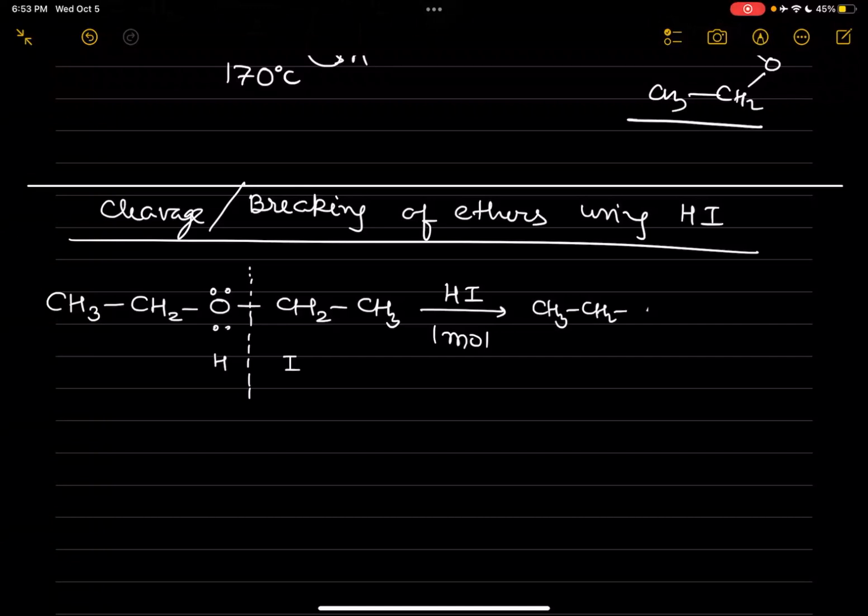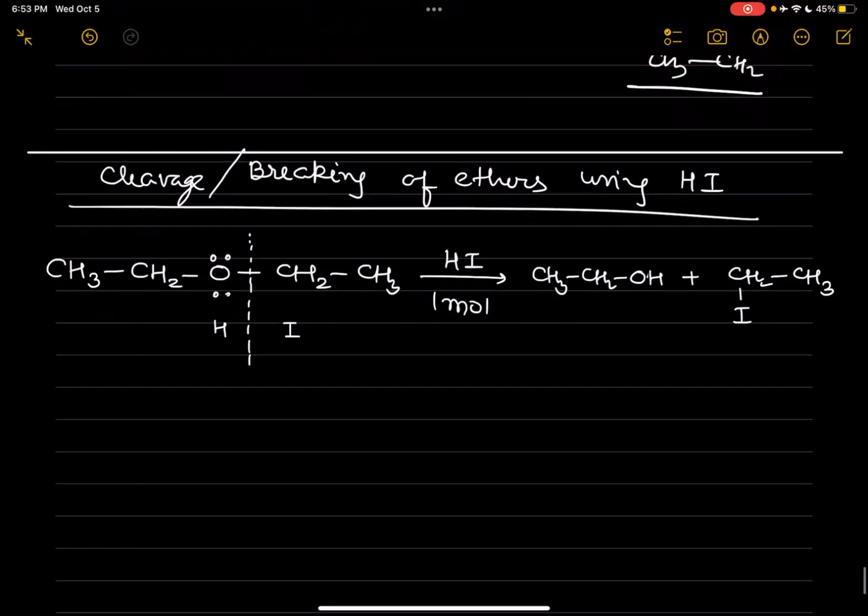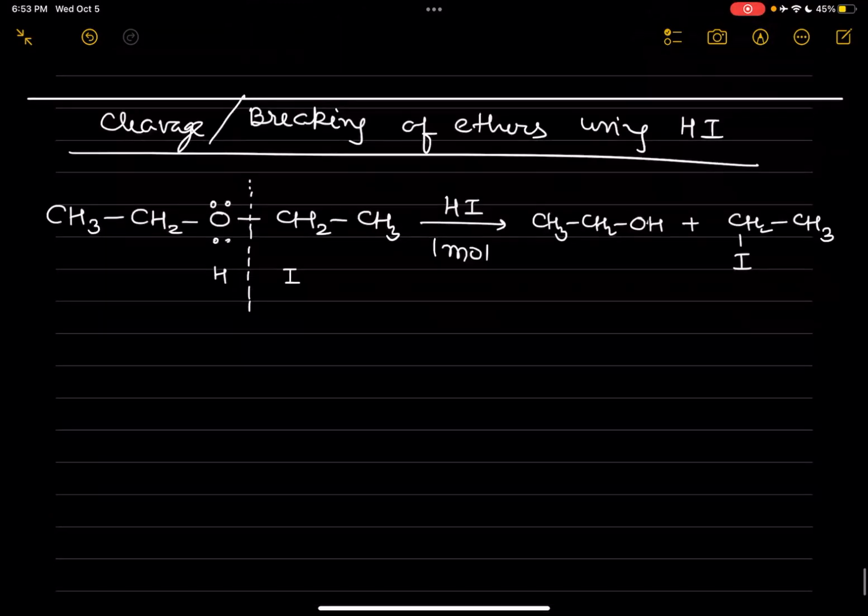Right? CH3CH2OH. Yeah, it's very simple. This is without knowing the mechanism, if you want to get the answer as quickly as possible without getting into the details.